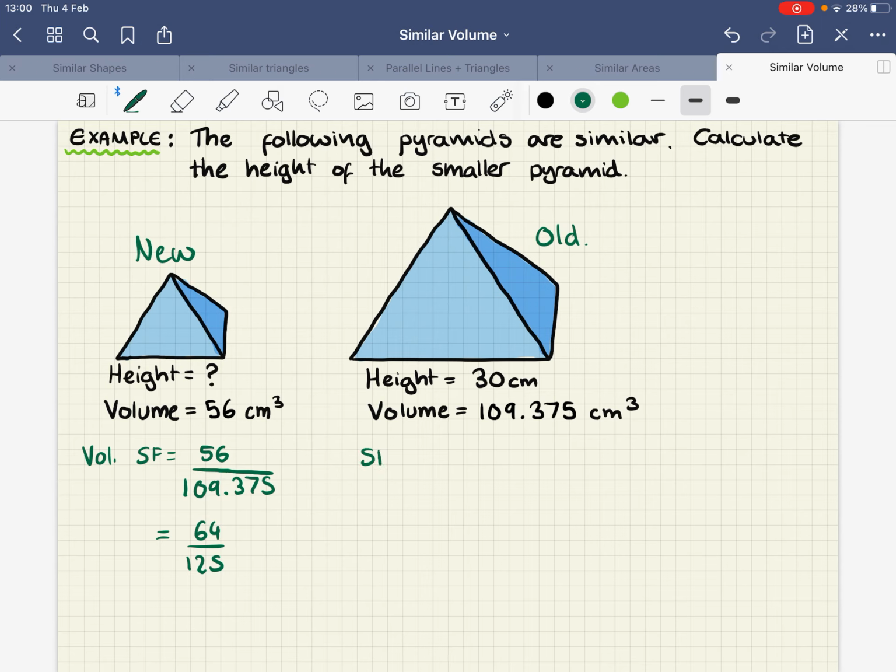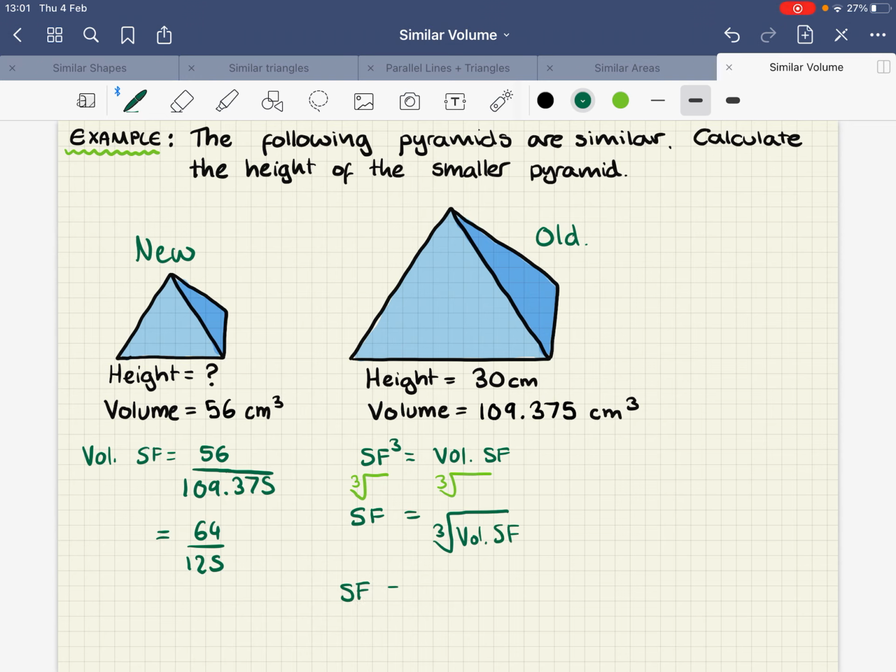So then to find out my linear scale factor, kind of similar as before, remember my linear scale factor cubed is my volume scale factor. So in order to get to just my linear one, opposite of cubing is cube rooting. So I want to cube root both sides. So I'm going to cube root that volume scale factor.